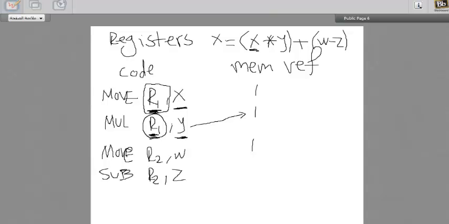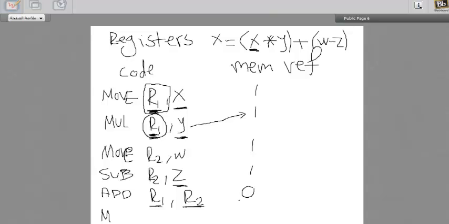Again, we only need to access memory once, for the Z. Now we need to add R1 and R2, exactly the way we did it with T1 and T2, but this time, how many times do we need to access the memory? None. We do not need to access the memory because both values are stored in the registers inside the CPU. So there is no memory access at this point.